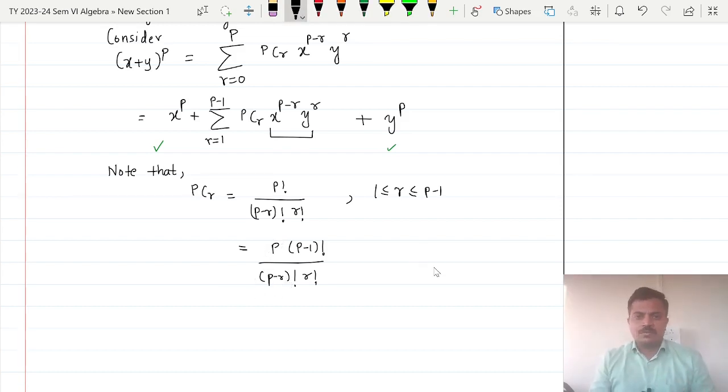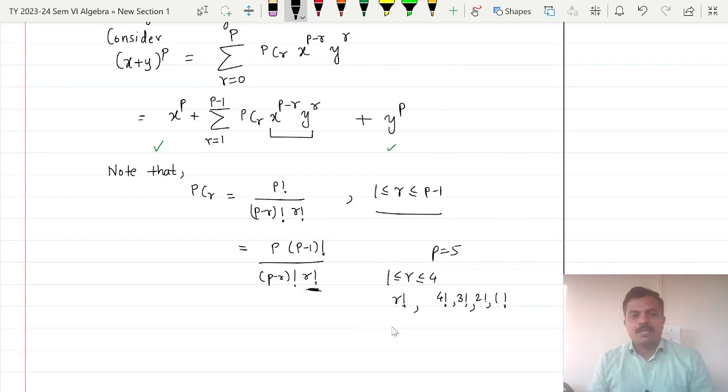Let us try to understand it through an example, then the idea will be clear. Choose any prime p, for example let us say 5, and thus the possible values of r will lie between 1 and 4, right? So what will be our denominator? It will be 4 factorial, 3 factorial, 2 factorial and 1 factorial. These are the possibilities of r factorial. Now what about the possibilities of (p minus r) factorial?